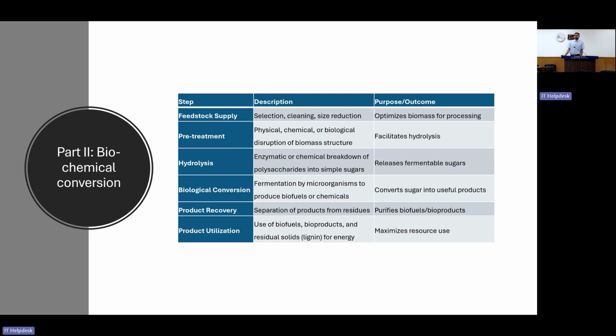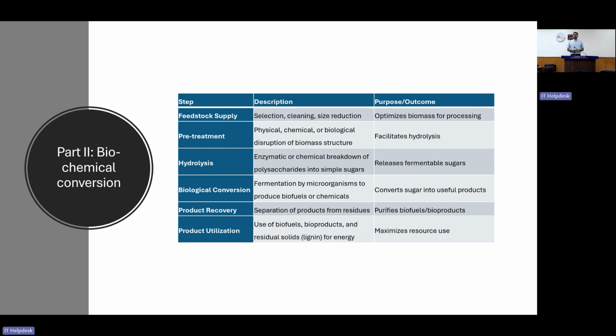Now coming to part 2, the biochemical conversion of biomass. Mostly feedstock with higher hemicellulose and cellulose composition is subjected to biochemical conversion, and the bioslurry left at the end of the process is mostly the lignin part of the biomass.